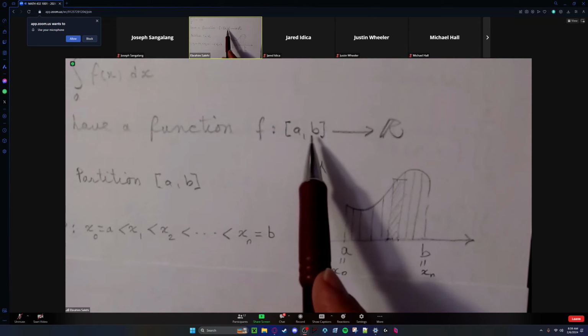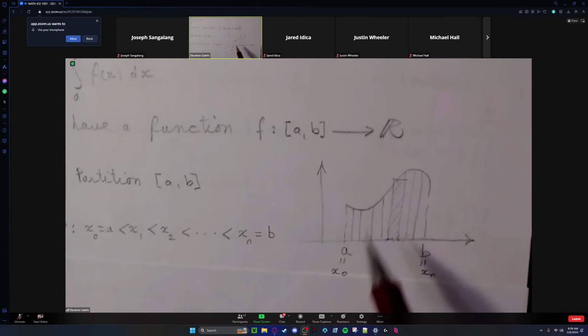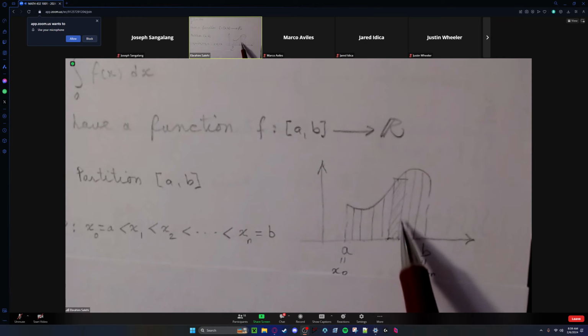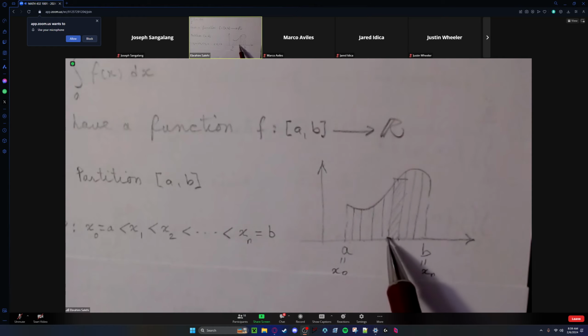Partitioning this interval like this, putting more points, basically means the object that we want to study, we will slice it, okay? We will slice that object, and then we will estimate any slice.